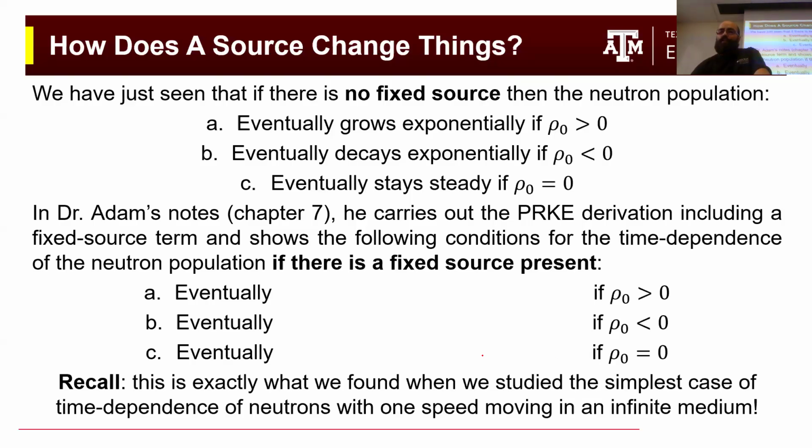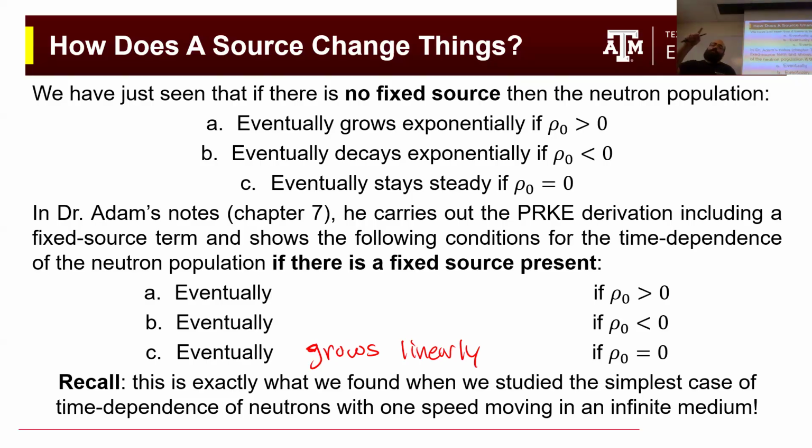If the reactivity insertion is 0, then your system will grow linearly at whatever the source rate is. If the source is producing 100 neutrons per second, then your n of t is going to look like a linear increasing solution, the population increasing by 100 every second.